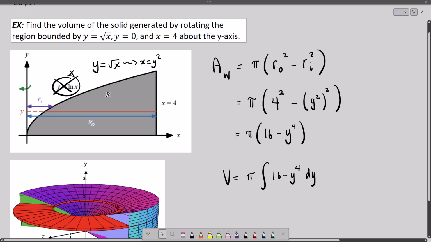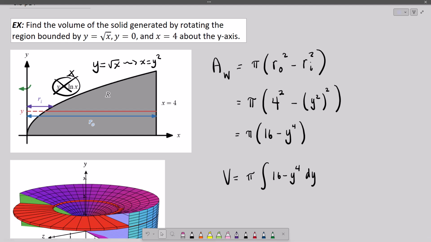We need to know where this square root function intersects the vertical line x equals 4, and what the y value of that intersection is.